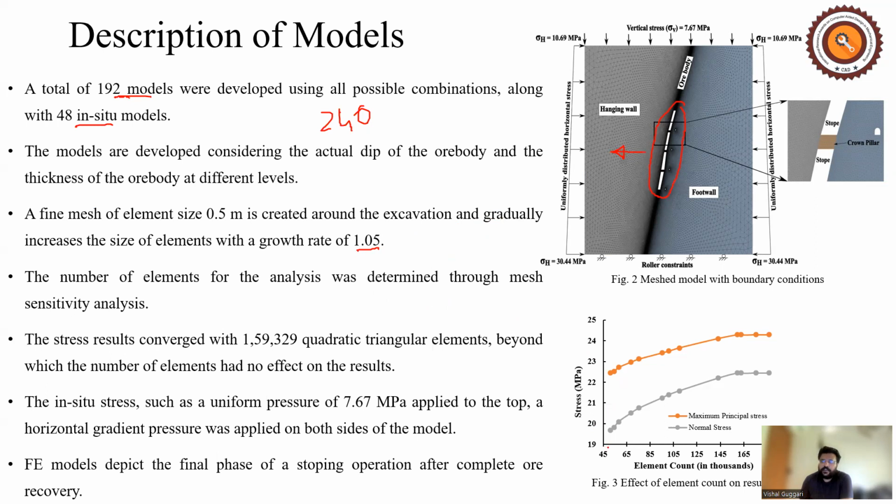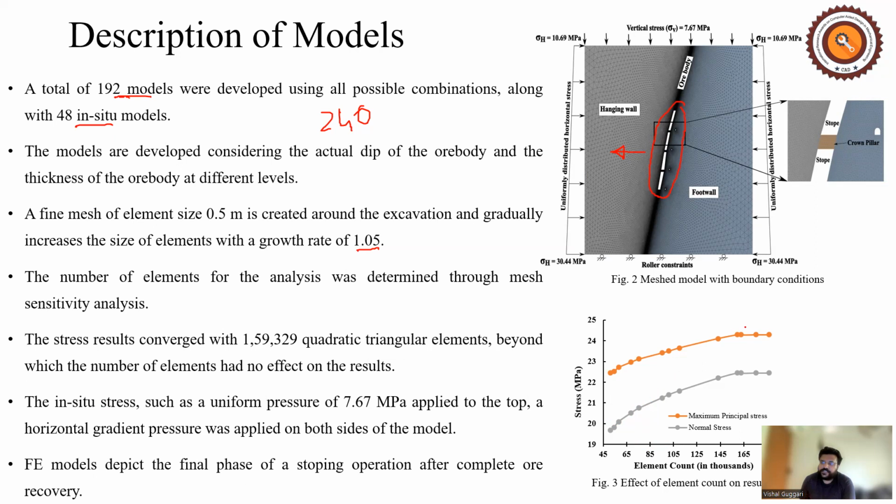In each iteration we increased the number of elements and saw the effect of the element count on the results. It has been plotted in this figure along with the element count and the stress values.